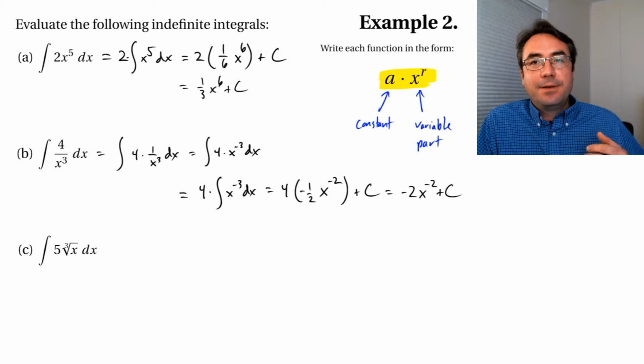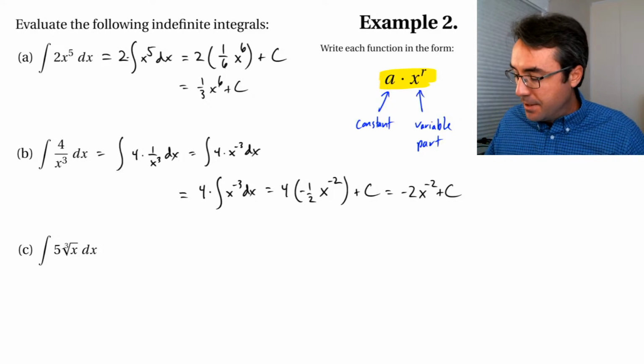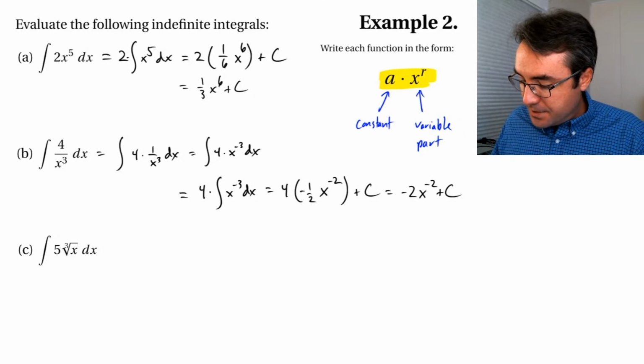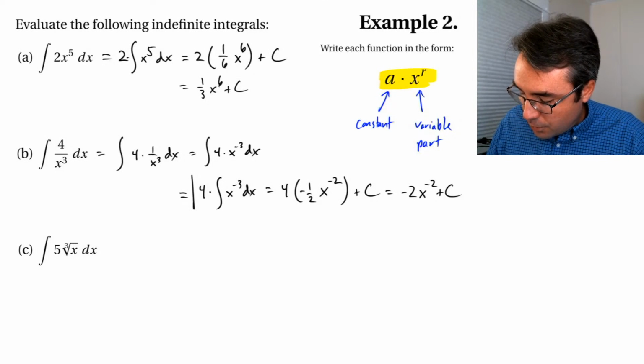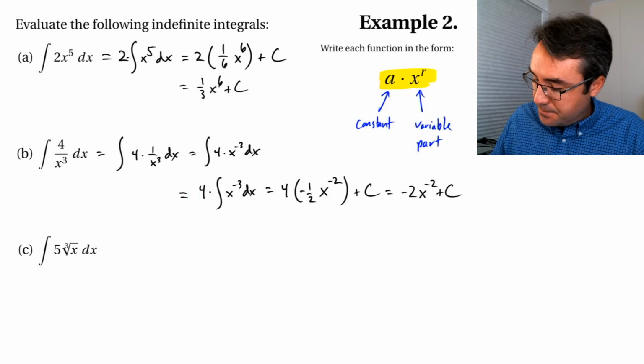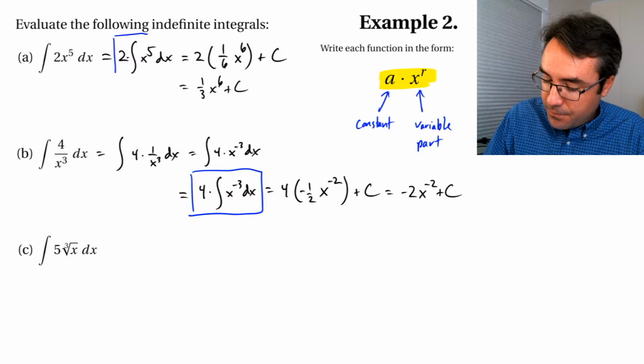Now once we get the hang of these, just like for derivatives, we don't really show the constant multiple rule step or the sum rule step. So for instance, normally when we're doing these, we wouldn't show our work for this step right here. Same thing for the first one we did.